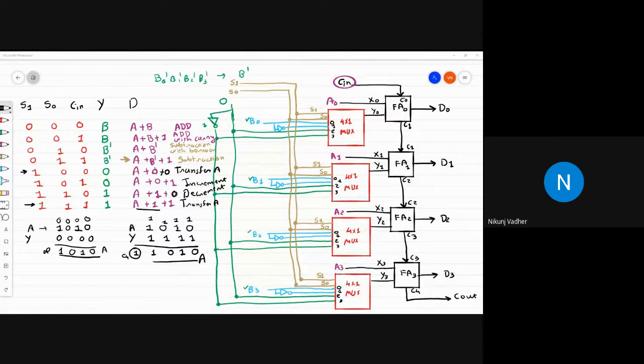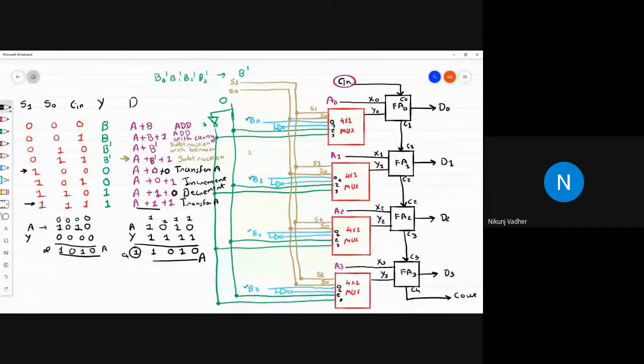Anyway, let me give you the example of increment and decrement.